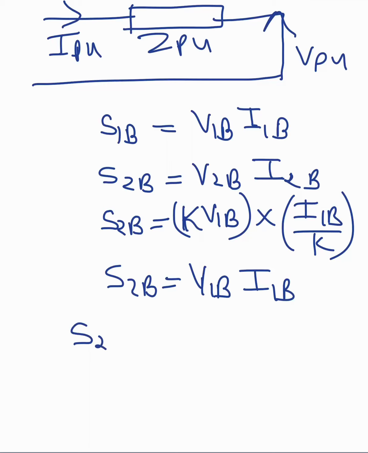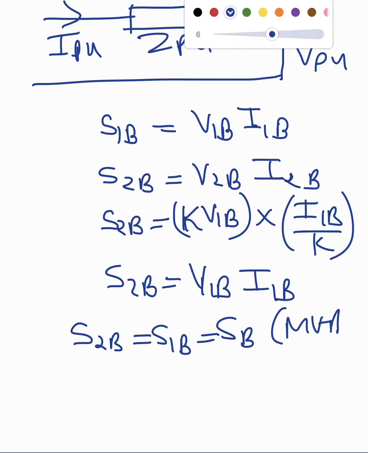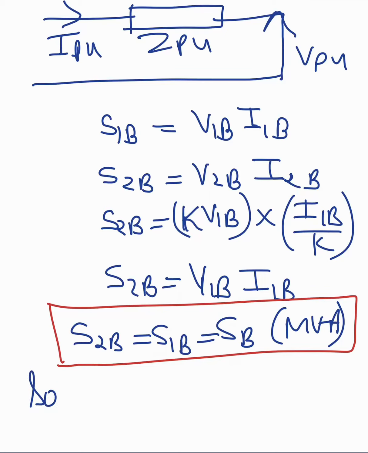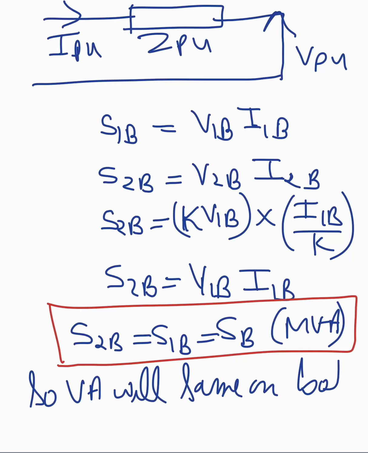So S2B is equal to S1B is equal to SB, that is base MVA. So all are equal here, so VA will be the same on both sides.